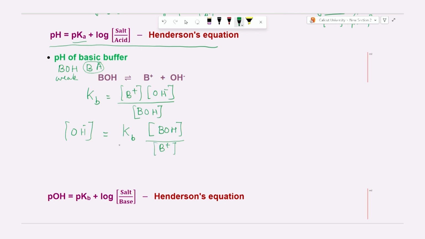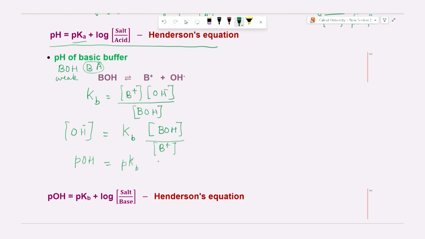Okay. Now, I am going to take the negative logarithm, that is, negative log of OH minus can be taken as pOH, and negative logarithm of Kb can be taken as pKb.